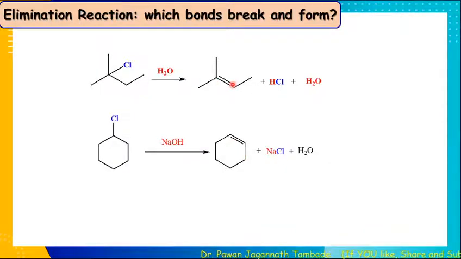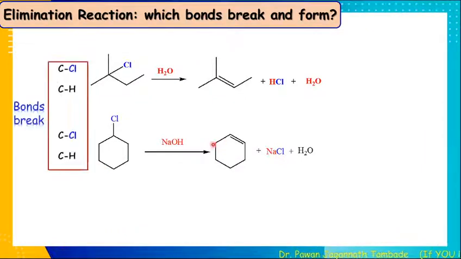If you look at these reactions carefully, you will find that in the first reaction this carbon-chlorine bond breaks and at the same time the carbon-hydrogen bond on the next carbon atom also breaks and there is a formation of carbon-carbon double bond. The same thing happens in this secondary alkyl halide and we will get alkene.